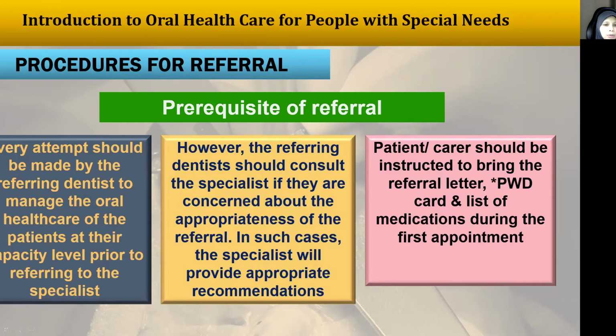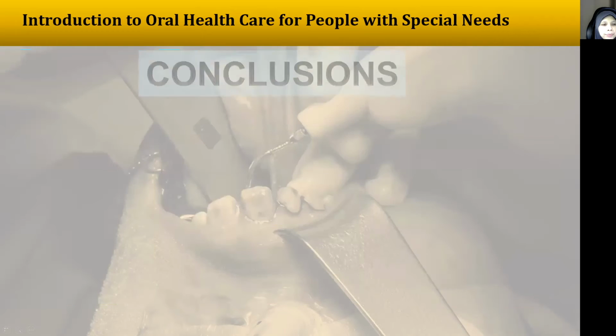Then refer the patients to the specialist. However, it is advisable to contact the specialist first before you refer the patients, to make sure it is appropriate to refer such cases to them. Also remind the patients to bring all the necessary documents during the first appointment.